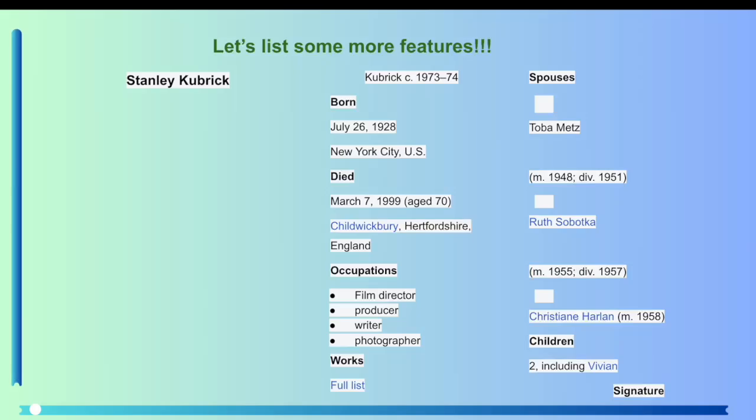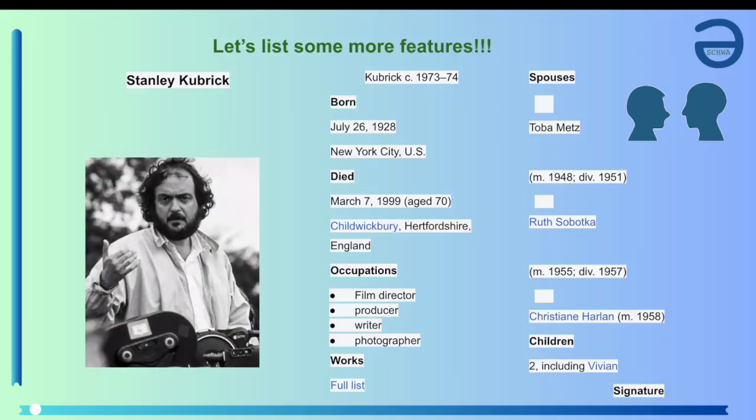So I'm doing this so that we can get a hang of how it is possible to list features for different texts and different examples, different genres as well. So take a look and think about what features this text might have.